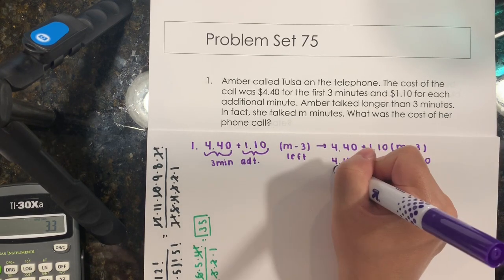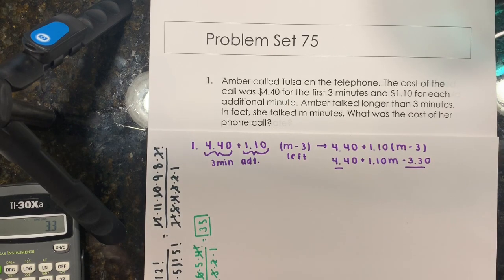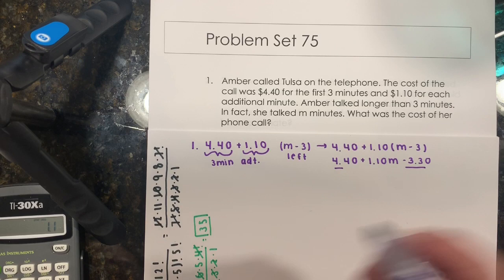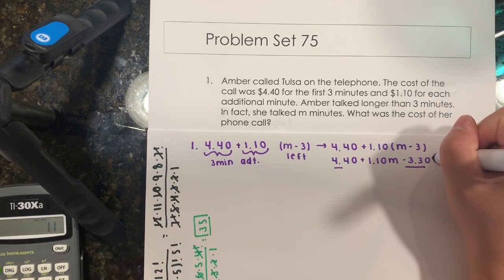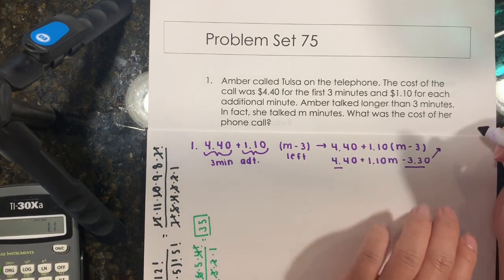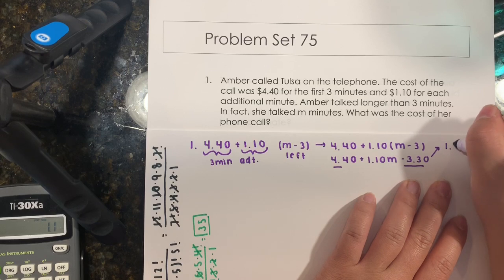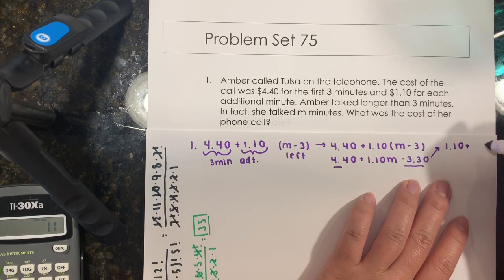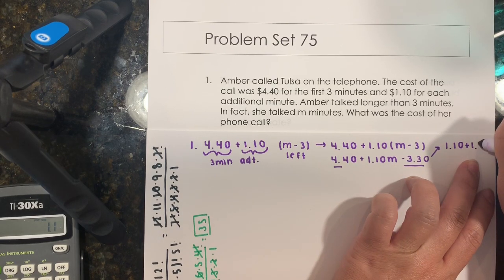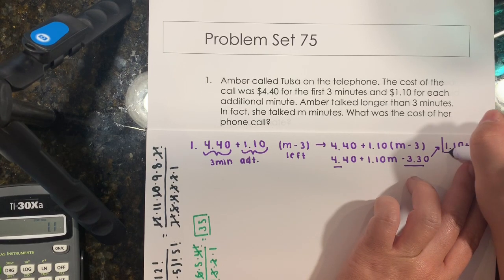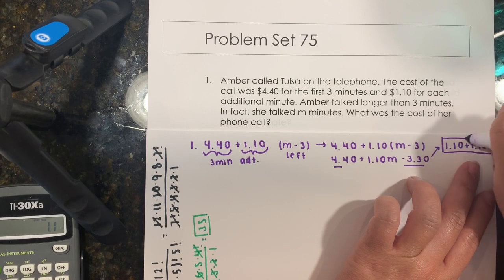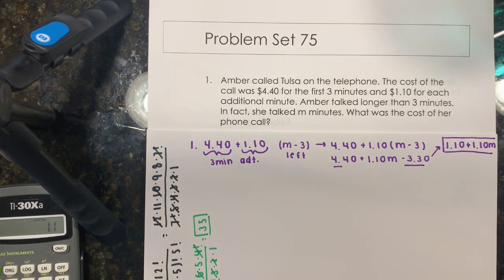So if I combine them, the 4.4 minus 3.3, you really get an answer of $1.10 plus $1.10 per minute. And that would be your answer. So it's 1.1 plus 1.1M.